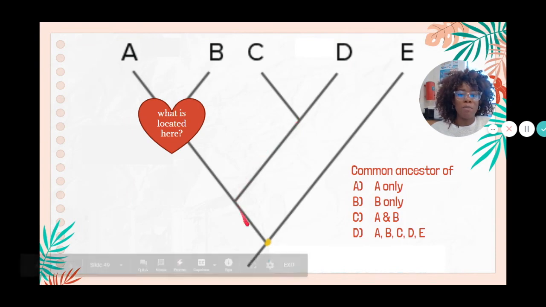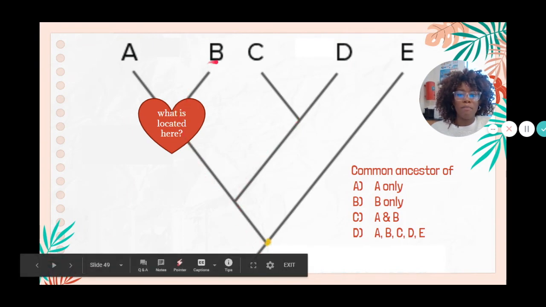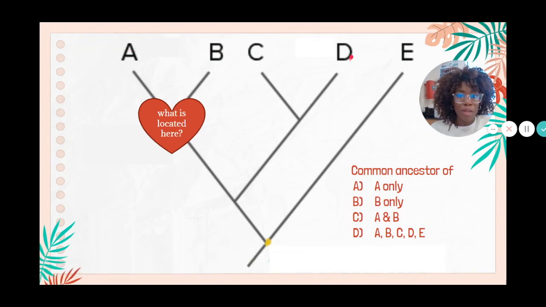No, so I have to keep going. Boom. B, same thing. C, same thing. So they all meet up there. That's where the most recent common ancestor of all the organisms is. If I ask you for the most recent common ancestor of A, B, C, and D, then I'm just going to take my finger and meet up there.